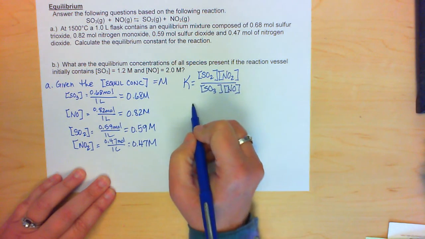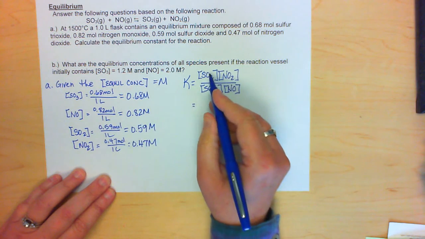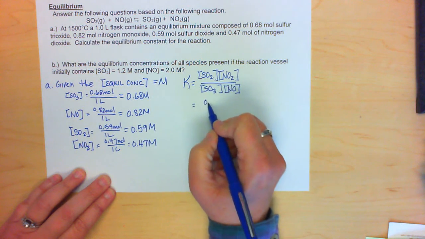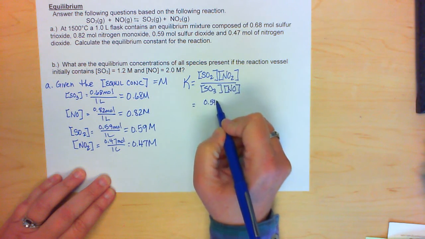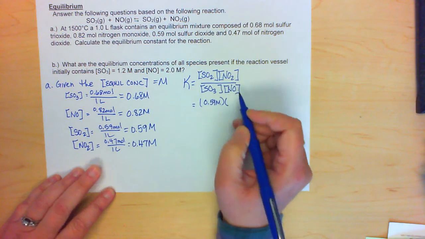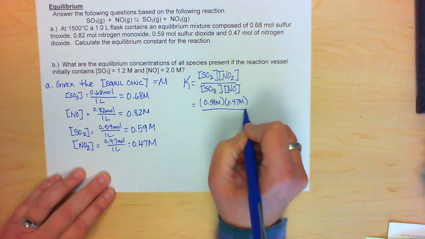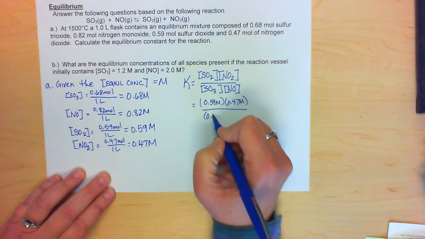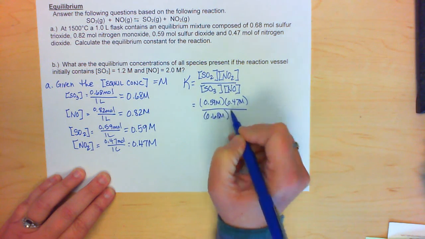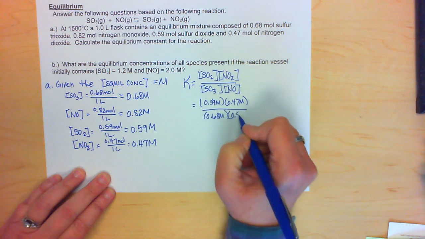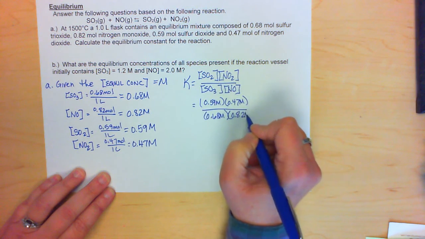So what we're going to do is substitute in what we have. SO2 is 0.59 molar. NO2 is 0.47 molar. SO3 is 0.68 molar. And NO is 0.82 molar.